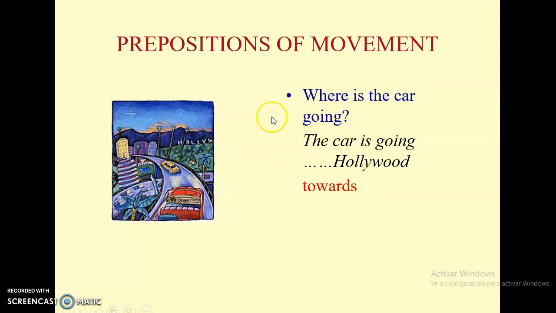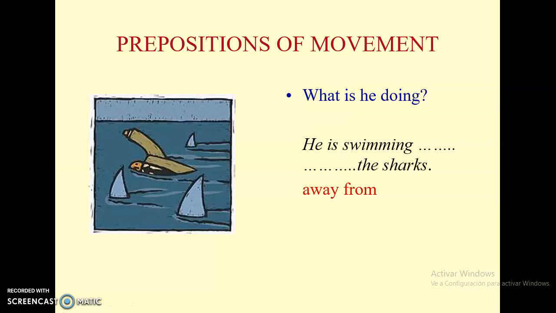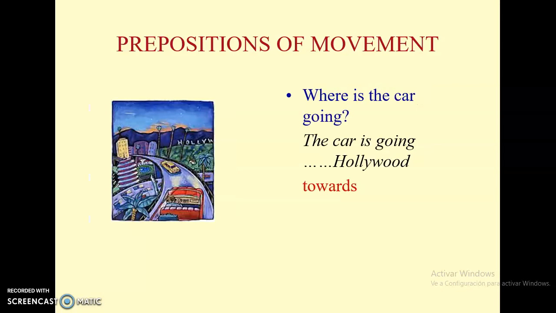Now imagine this. We have a Hollywood sign right here, right? So you can see the car is going towards Hollywood. So it's going in that direction, which, like I said before, is the opposite of away from. This guy is trying to escape, going in the opposite direction of the sharks, but the people in this car are going towards Hollywood.